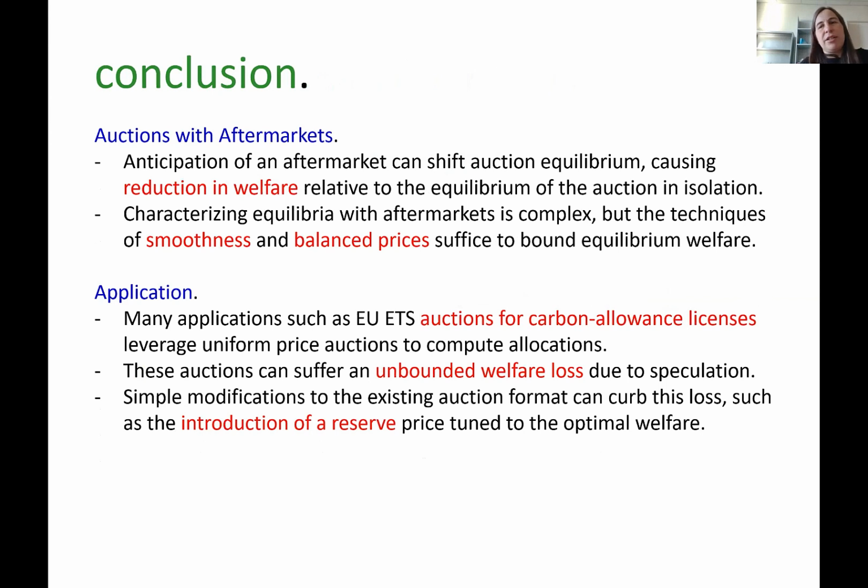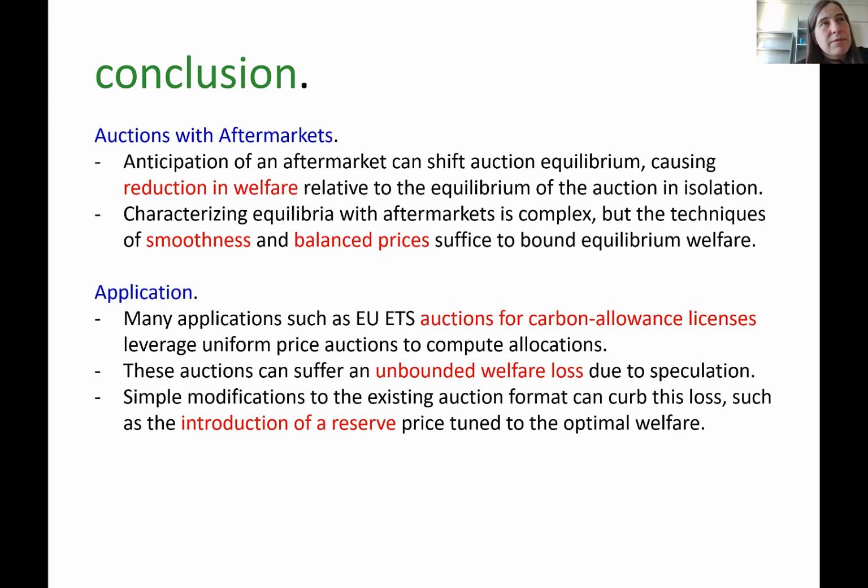So in conclusion, these are the main points I want you to take away. First of all, we wanted to think about auctions in the presence of aftermarkets. We showed that the anticipation of an aftermarket can cause a shift in the auction equilibrium itself, which can cause a reduction in welfare relative to the equilibrium of the auction in isolation. We then wanted to resolve this by cleverly choosing auction formats.